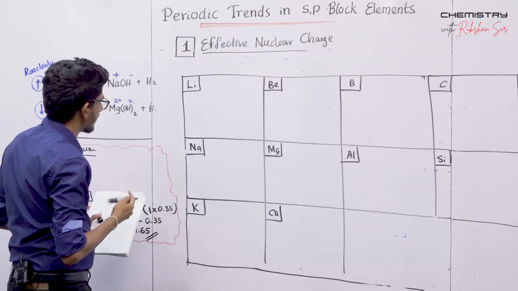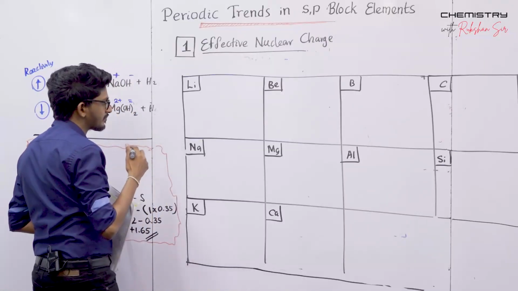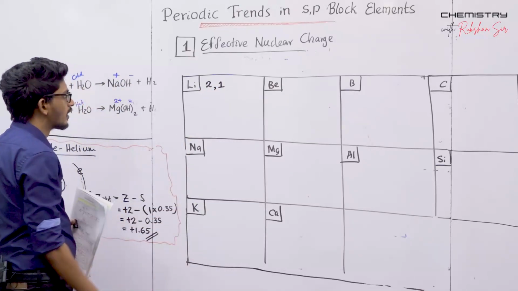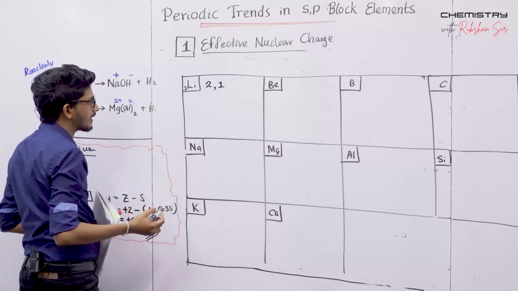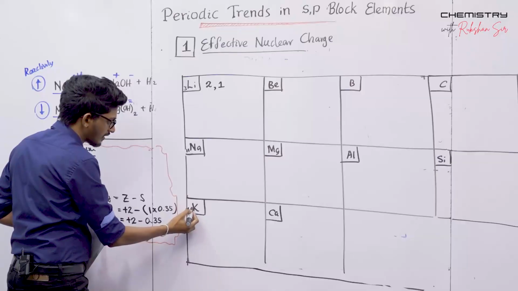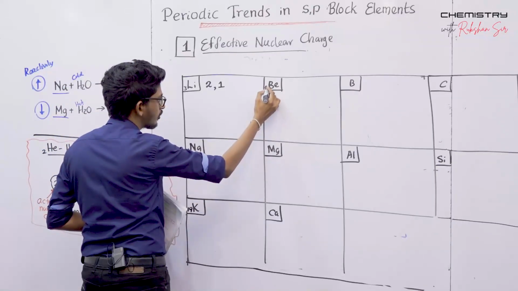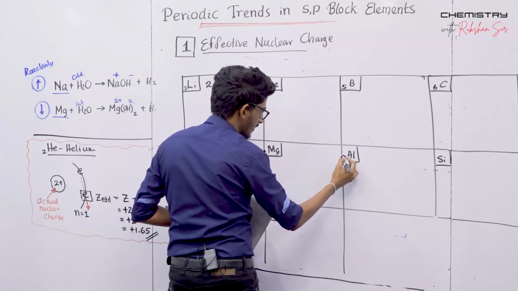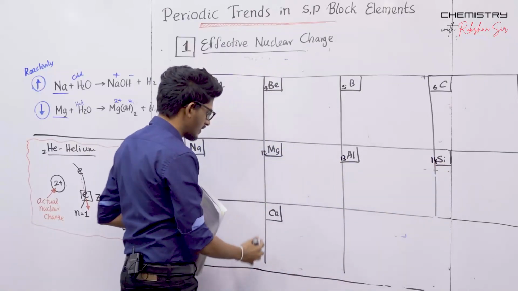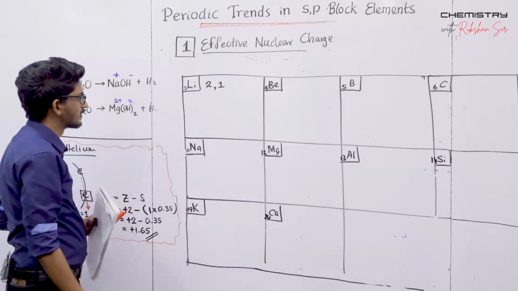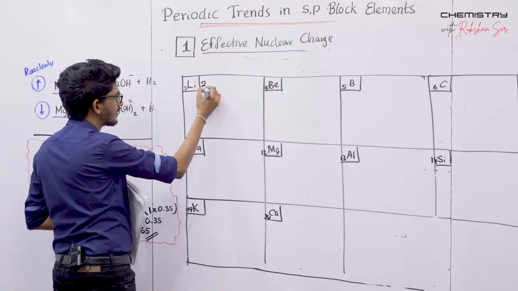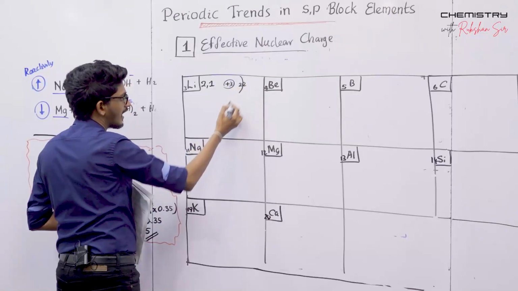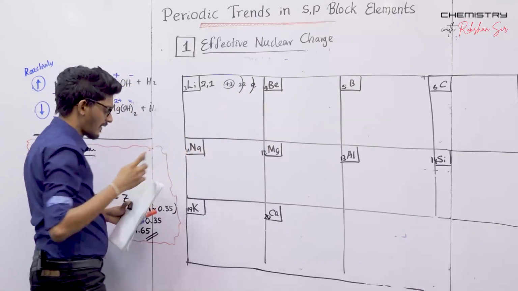Lithium has the 2-1 configuration. The atomic numbers are 3, 11, 19, then 4, 5, 6, then 12, 13, 14, and calcium 20. 2-1 means you have plus 3 at your nucleus, 2 electrons at the first shell, and 1 electron at the valence shell.